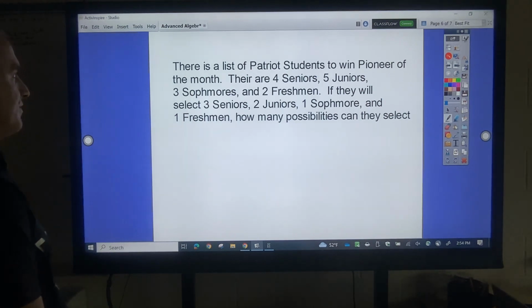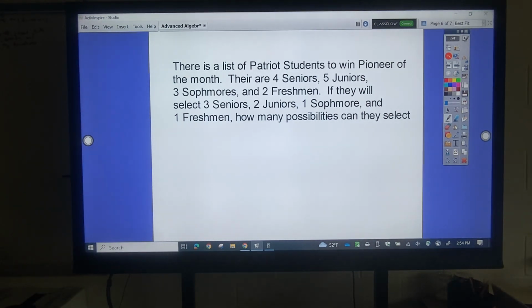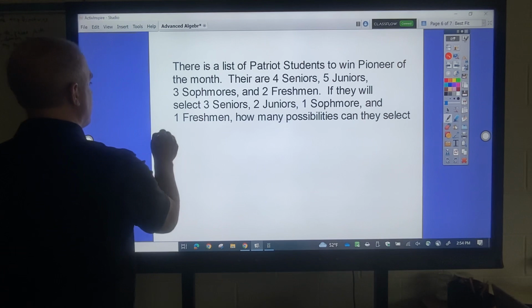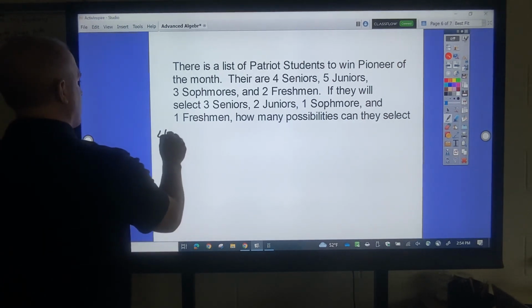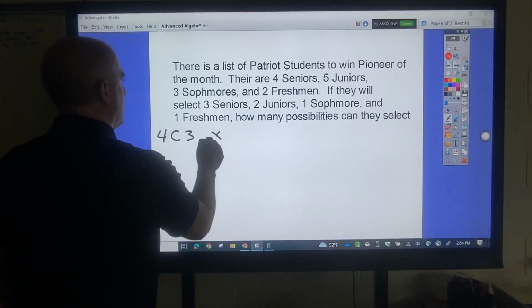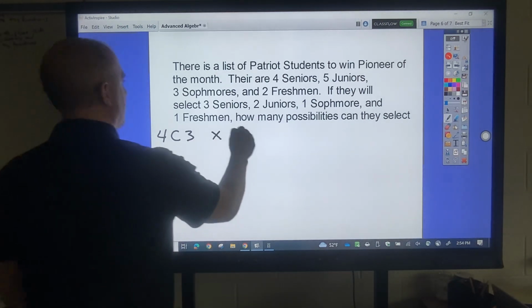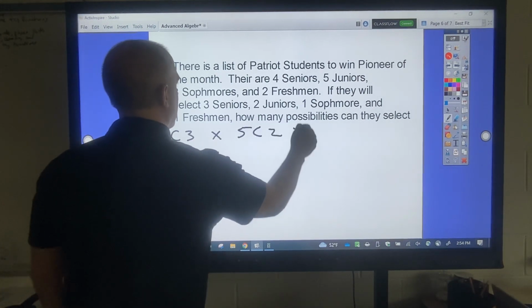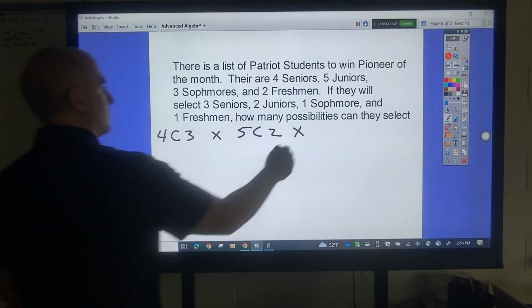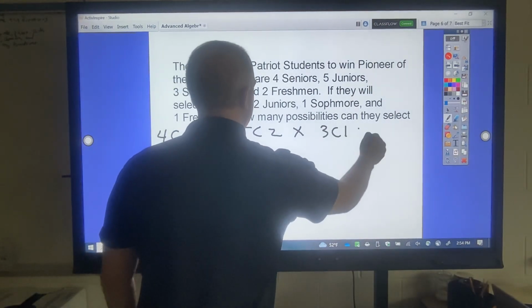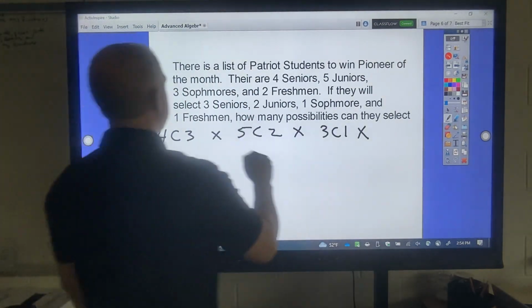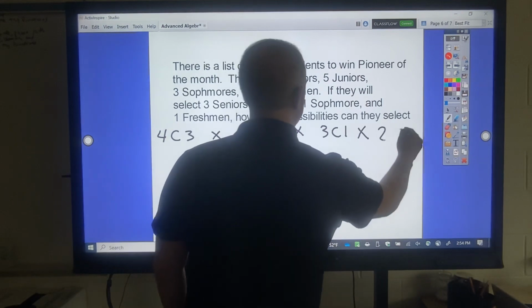There's a list of students who win Pioneer of the Month. There are 4 seniors, 5 juniors, 3 sophomores, and 2 freshmen. If they're going to select 3 seniors, 2 juniors, 1 sophomore, and 1 freshman, how many possibilities exist? For the seniors, there's 4, and they're going to choose 3. We multiply that by the juniors, which is 5, choose 2. Then the sophomores, 3 choose 1, and the freshmen, 2 choose 1.